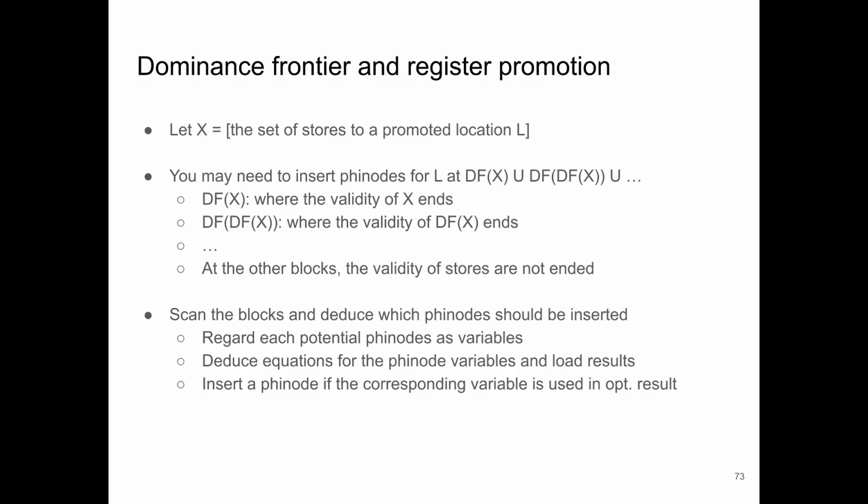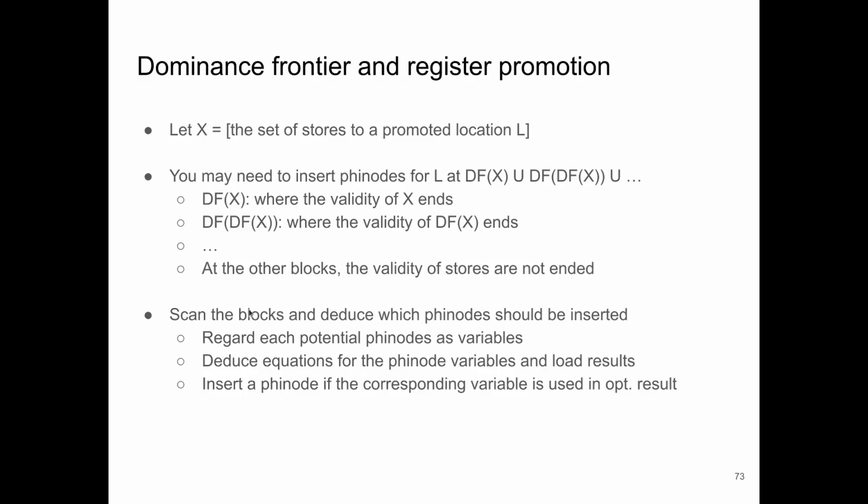It may be possible that you don't need to insert any phis here, but if you insert phis in any block, then it should be in DF of X or DF of DF of X, and on and on. Other blocks don't need phis at all. So that's the essence of the idea here.